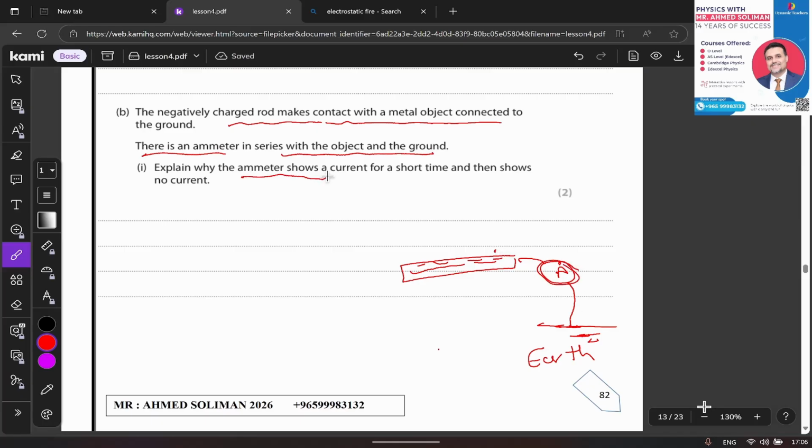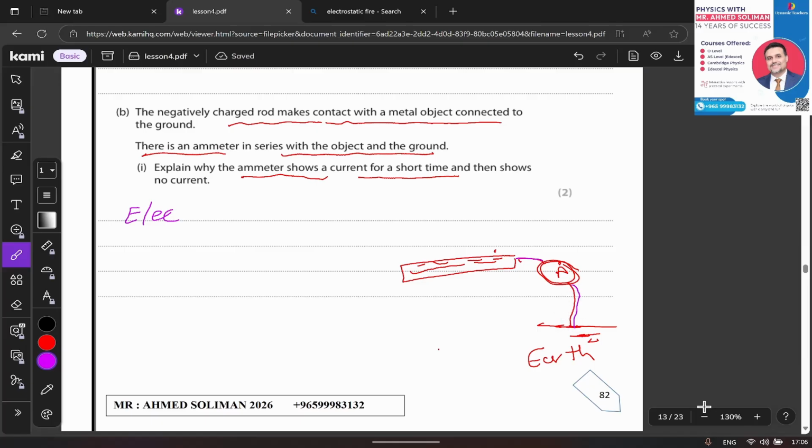Explain why the ammeter showed a current for a short time and then showed no current. Because the current goes to the ground and doesn't stay in the loop. Don't say current flows. You can write electrons flew from the rod through the wire to the earth.